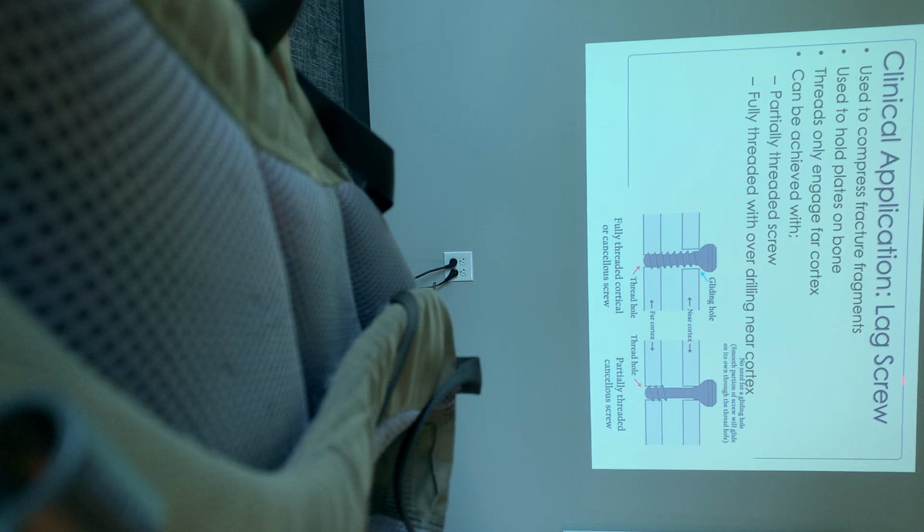Thread lengths, obviously, as Sarah was saying, partially or fully threaded. This is incredibly important. A lag technique uses threads in the distal portion of the cortex across the fracture site that can compress it. It's a fully threaded screw, so you use a gliding hole, or if you have a partially threaded screw, you don't need the gliding hole.